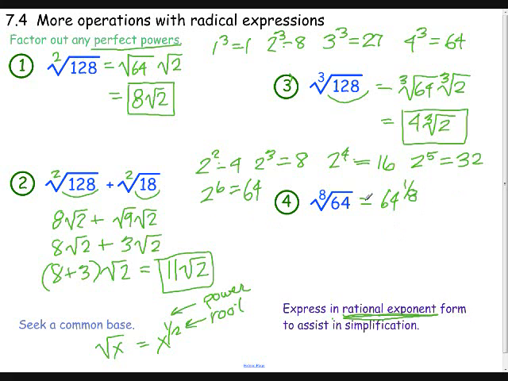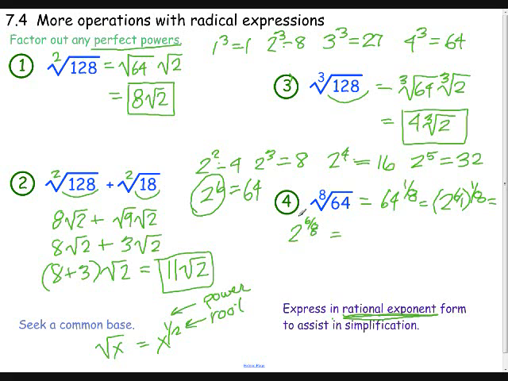We recognize that 64 is the same as 2 to the 6th, so instead of writing 64, we'll say 2 to the 6th raised to the 1/8 power, which, because we know how to deal with the power of a power, you multiply the exponents. 6, and we could think of it as 6 over 1, becomes 2 to the 6/8 when we multiply 6 times 1/8.